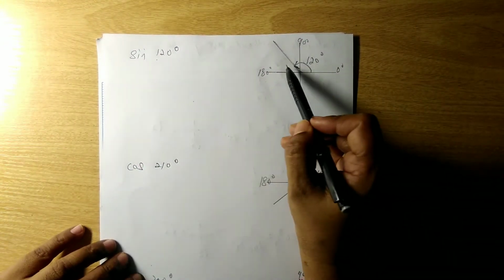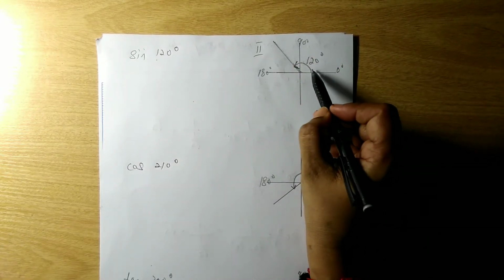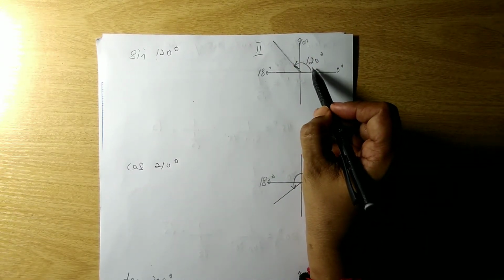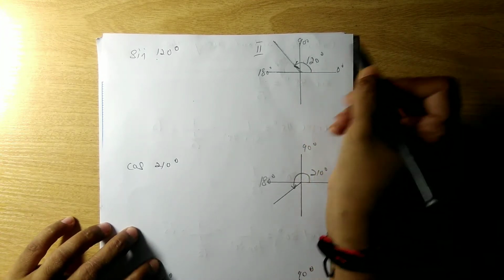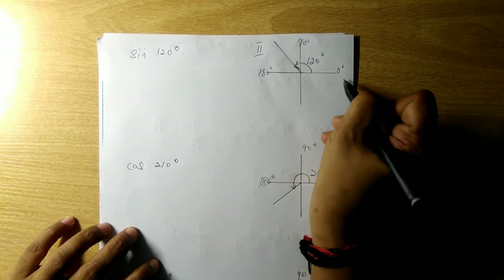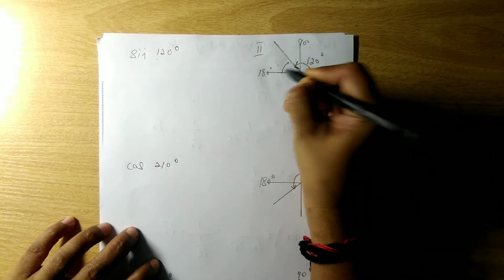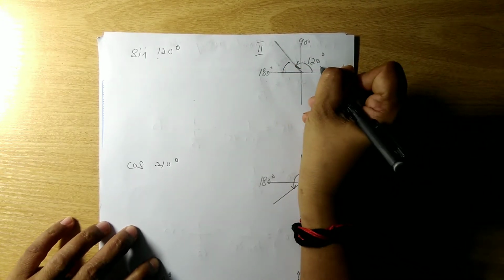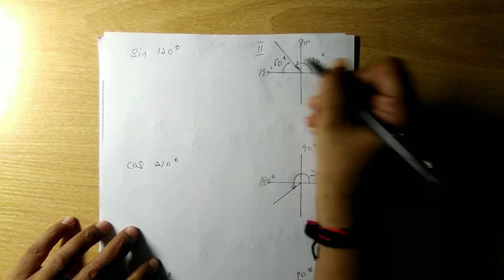Okay, so if it's 120, if I'm going to do it without calculator, I need to get my reference angle. So to get your reference angle, 0, 90, this is 180. So I'll actually get my angle here. So it's 180 minus 120. This is actually 60 degrees. Okay, meaning this angle now, 120, is equivalent to this angle of 60.